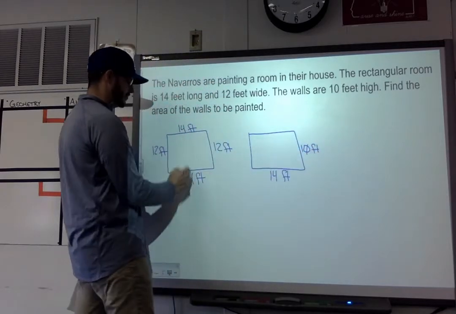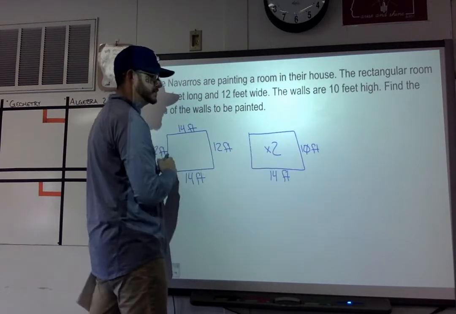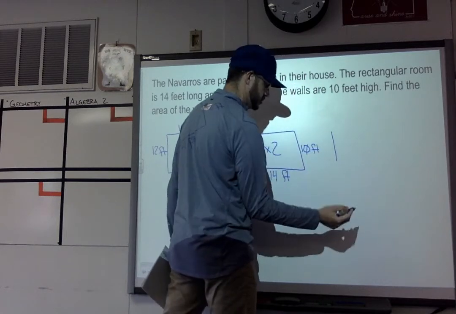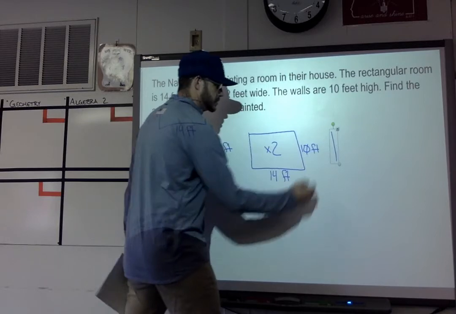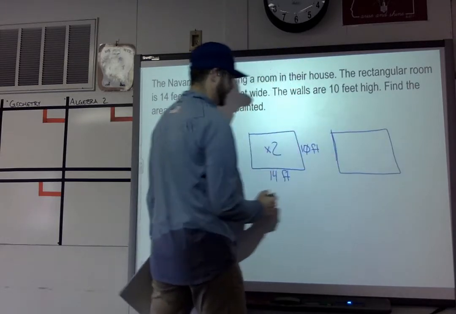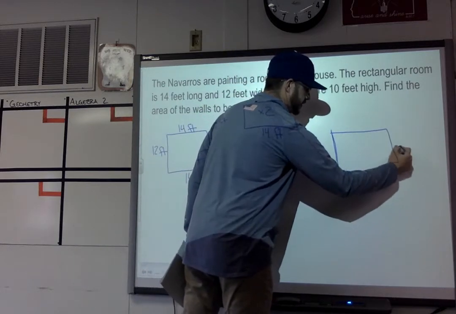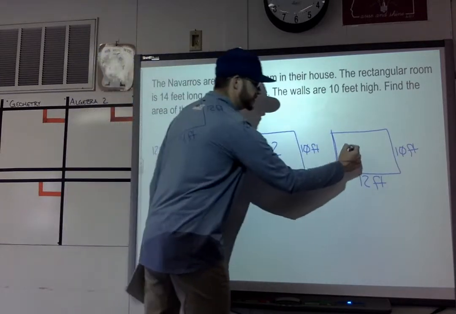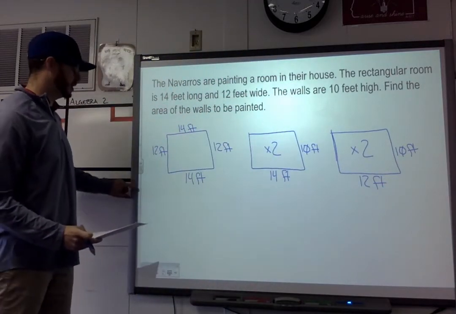And I know I have two of those walls, so times 2. Then I've got another wall that is 12 feet long and 10 feet high. And again, I know I have two of those walls, so when I find that, I'm going to multiply it by 2.